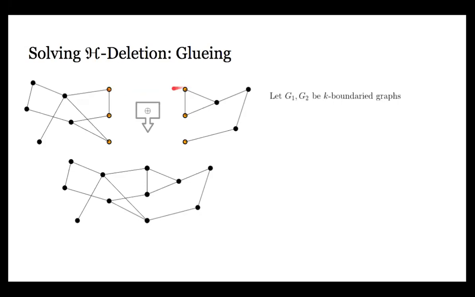So we identify these vertices with respect to their labels and construct a new graph. And we require that the edge between two vertices from the boundary should be either present on both sides or on neither of them. Otherwise, the gluing operation is undefined.